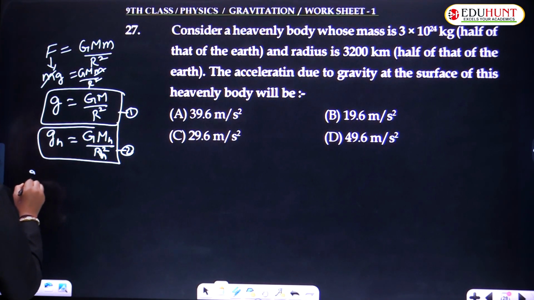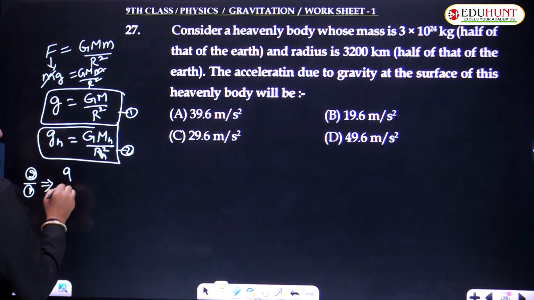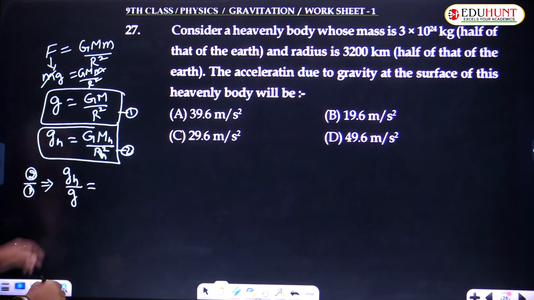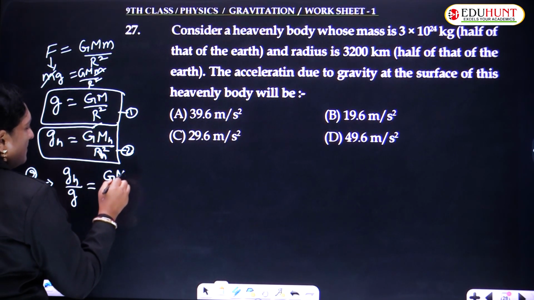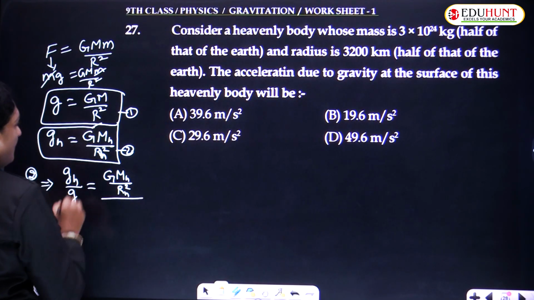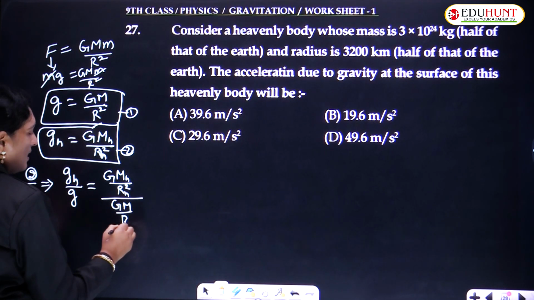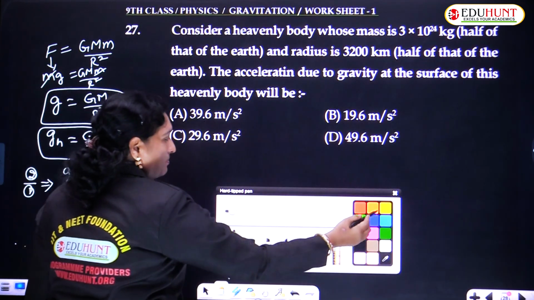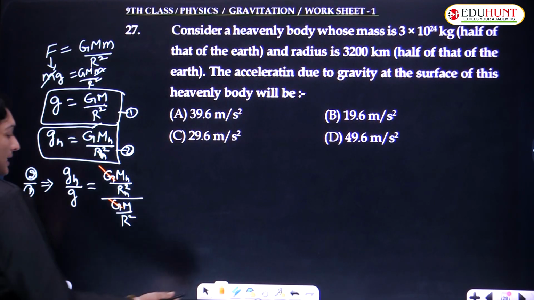So dividing these two equations, 2 upon 1 will give you, in 2 what is the LHS part? gH. In 1 what is the LHS part? g. In 2 it is G MH by RH square, whole upon 1, which is GM by R square. So with proper simplification, G gets cancelled.